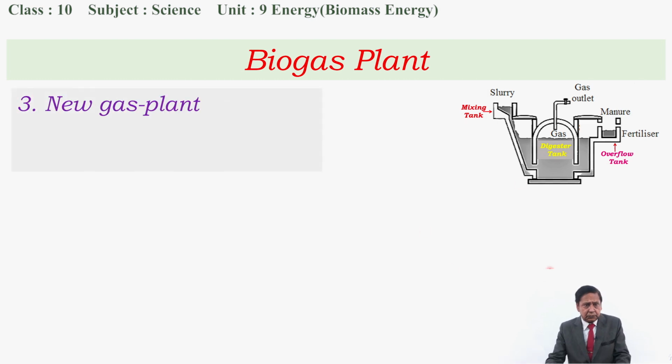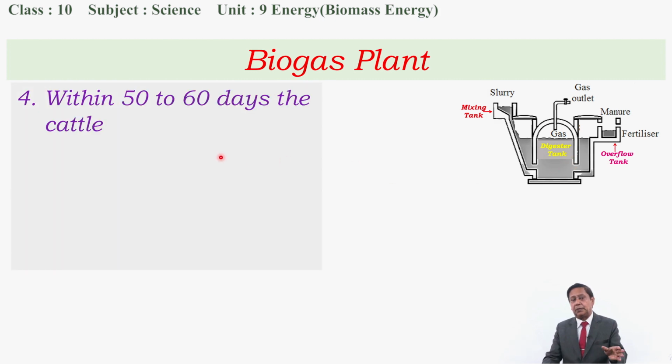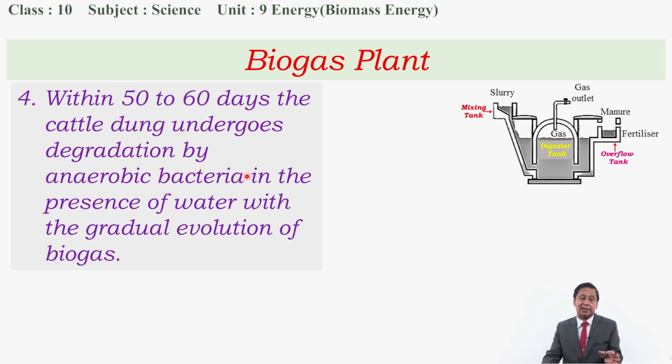And then the new gas plant takes about 50 to 60 days to become operative. It takes 50 to 60 days for destructive distillation and the production of biogas. And then what happens? Within 50 to 60 days, the cattle dung undergoes degradation by anaerobic bacteria in the presence of water with the gradual evolution of biogas.